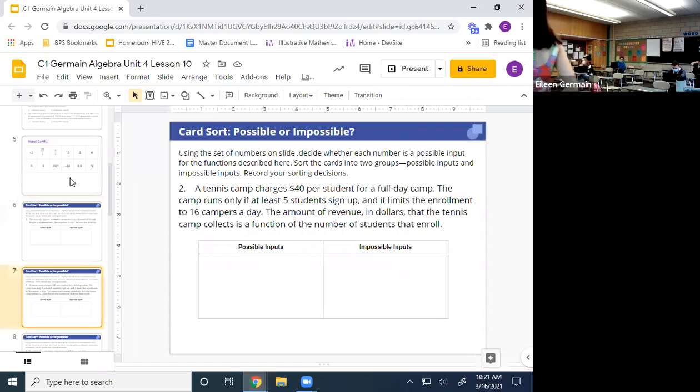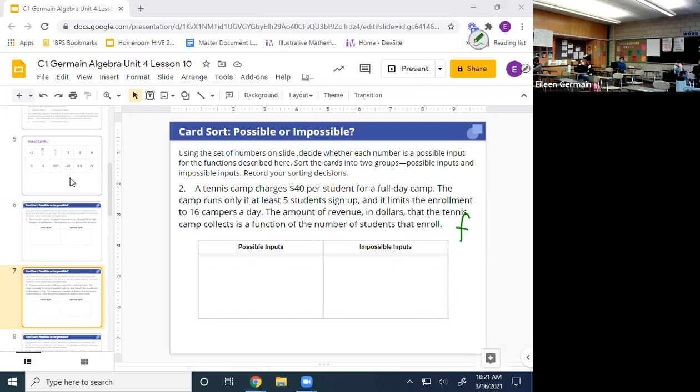Okay, so when we look at slide number 7 here, the scenario that we have is a tennis camp charges $40 per student for a full day camp. The camp only runs if at least 5 students show up, and it limits the enrollment at 16 campers a day. The amount of revenue in dollars that the tennis camp receives is a function of the number of students.